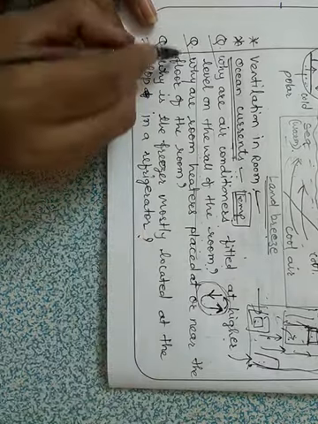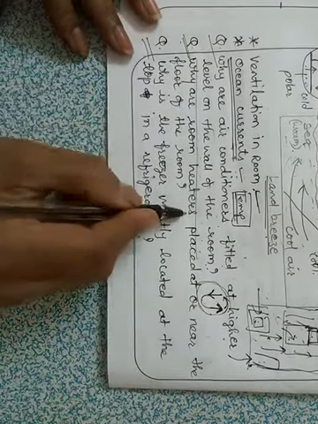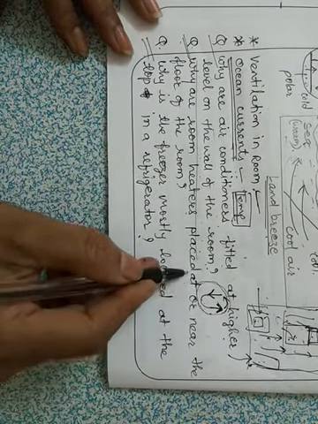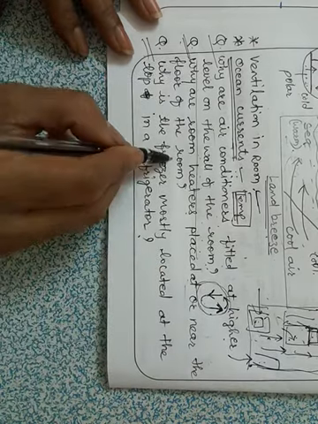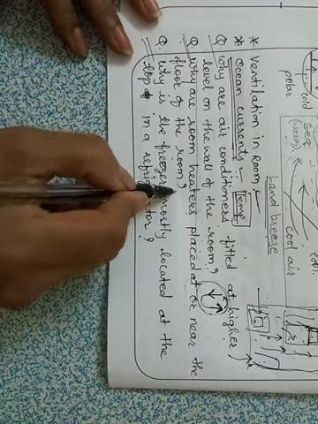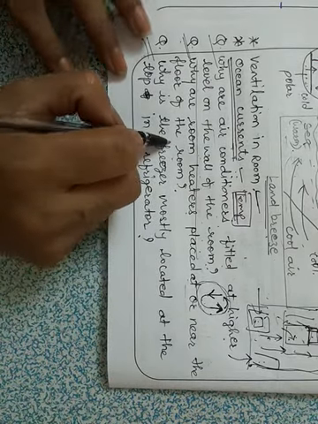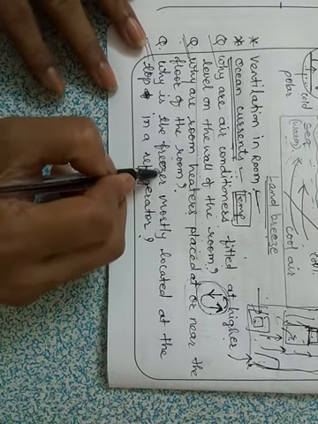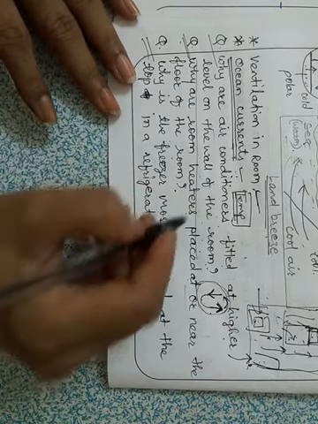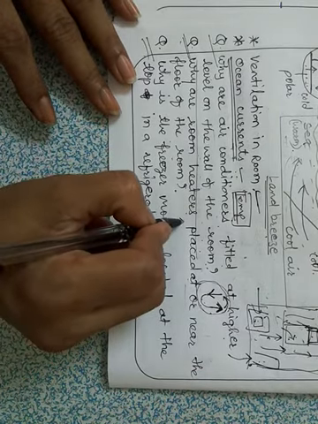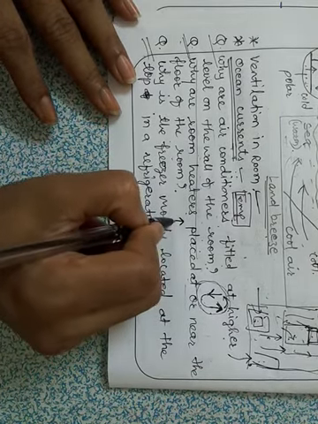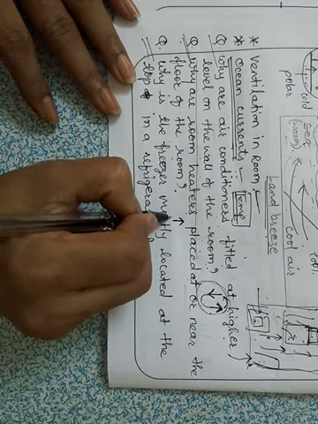Okay. Then the next question is, why are room heaters placed at or near the floor of the room? Room heaters, you know, we use in the winter season. The air heated by the room heater goes up.